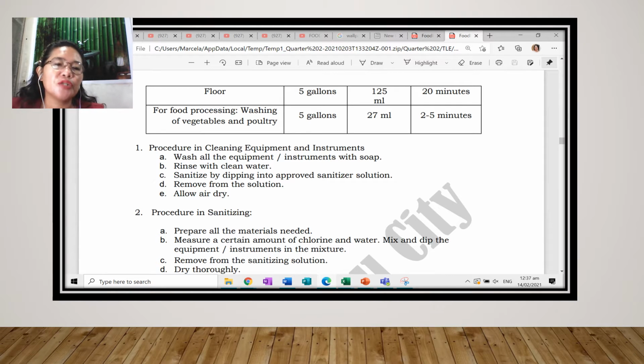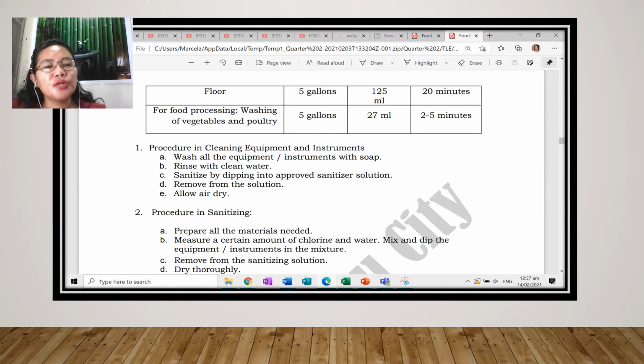Then after that, rinse with clean water. Next, letter C, sanitize by dipping into approved sanitizer solution. Letter D, remove from the solution. Then letter E, allow to air dry, so imagine it has to dry, air dry.